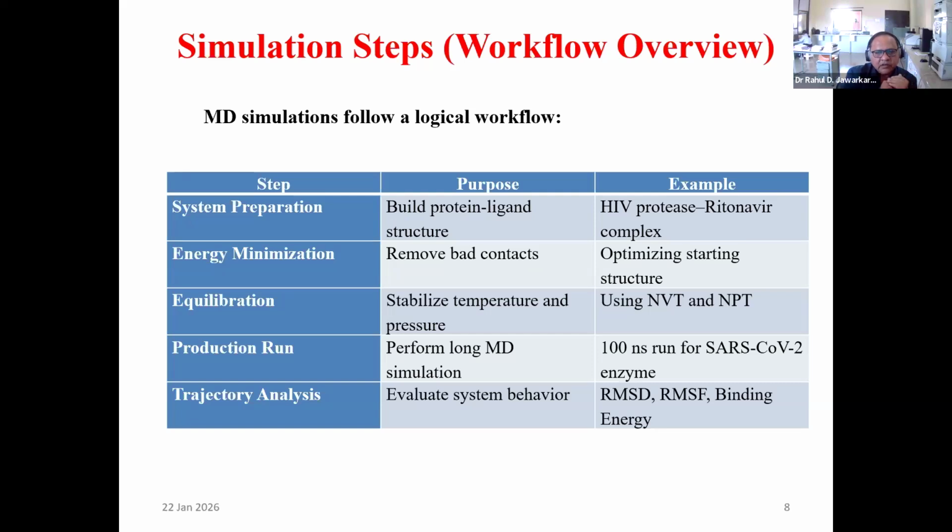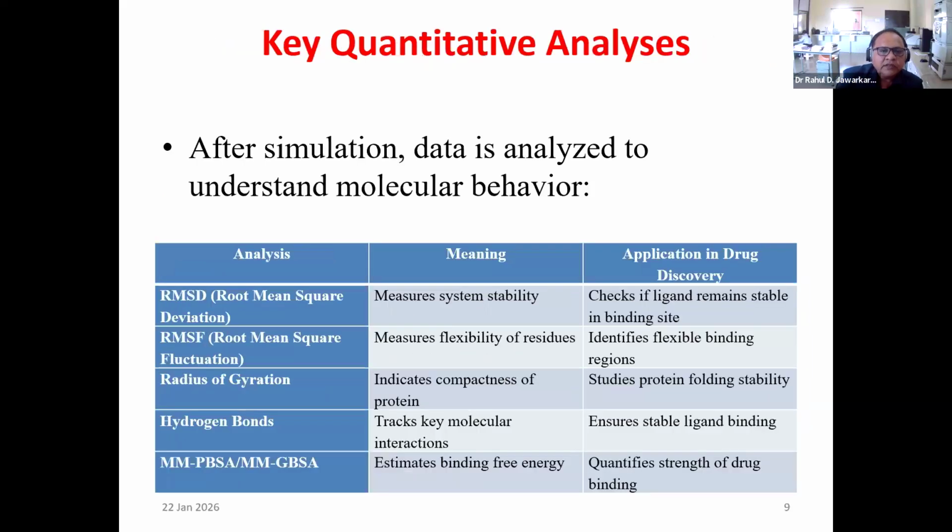Then in the production run, we go for a 100 nanosecond simulation, or 50 or 20 nanosecond simulation, and during trajectory analysis we evaluate the system behavior, that is RMSD, RMSF, and binding energy parameters. These are the key quantitative analyses which we observe and explore during molecular dynamics simulation.